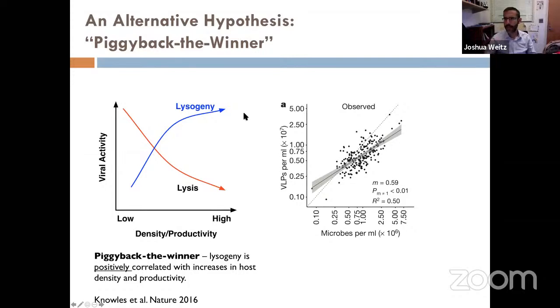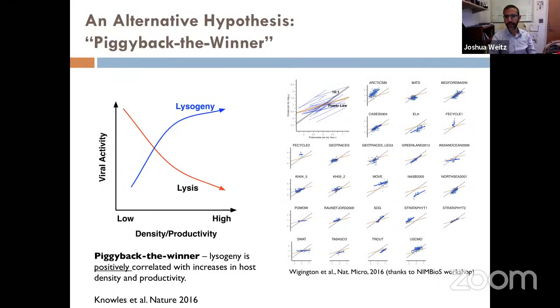So now let me try to disentangle those two claims. First of all, the idea that there is a fixed ratio between virus and microbes, which you'll often see in the literature, and you'll often see it ascribed as 10-to-1, is just not the case. It is a decent median, but we, in a totally independent study, and there's even a third group who did something around the same time, looked at this question and found that here are all these individual relationships by study.